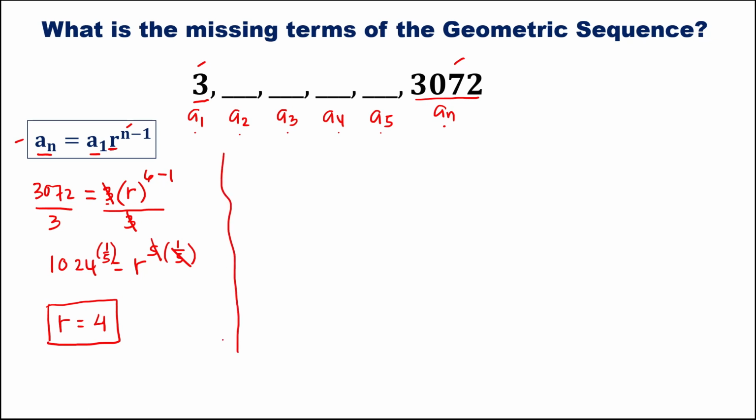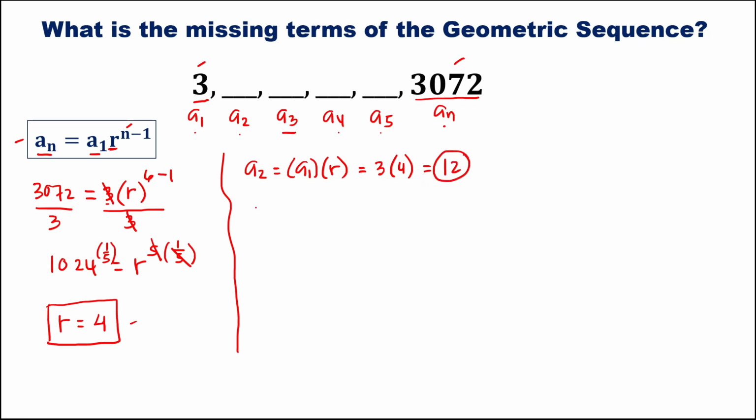Then this time, to find the missing terms. For the second term, this is equal to a sub 1 times the common ratio. Since the first term is 3 and the common ratio is 4, the second term is equal to 12.